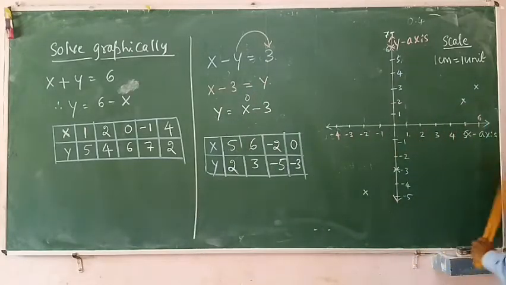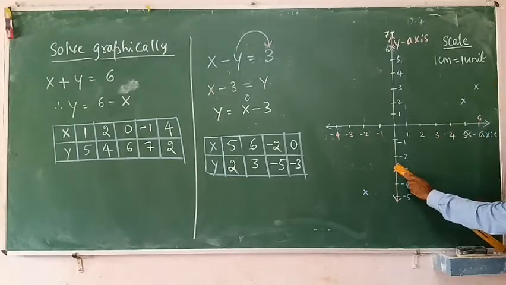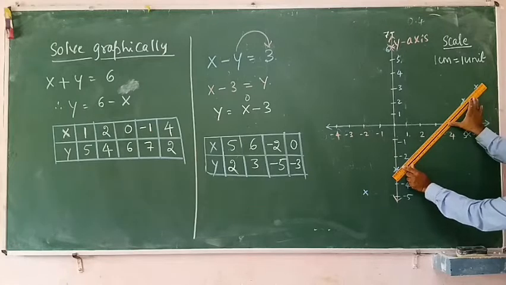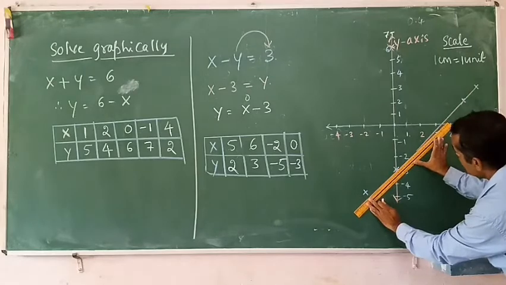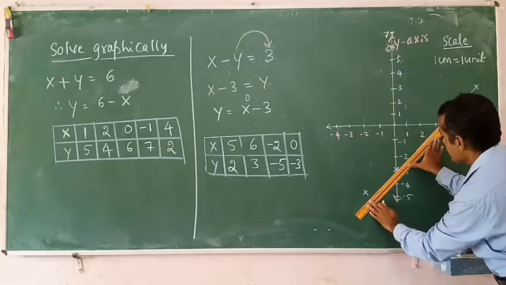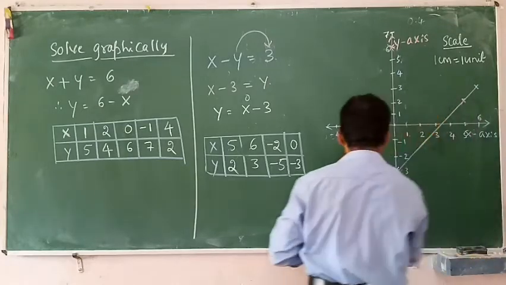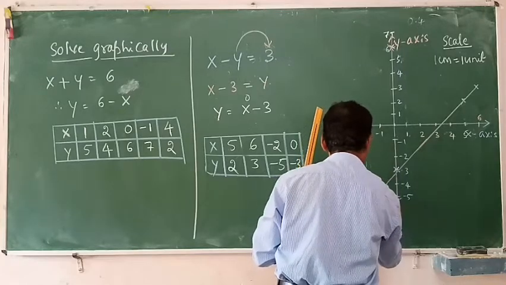Now, if you try to join them, you are always getting a straight line.